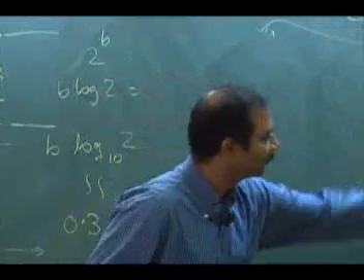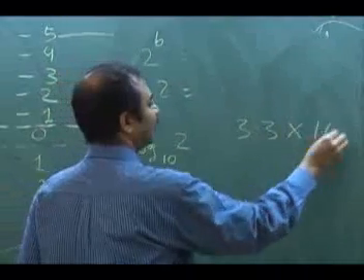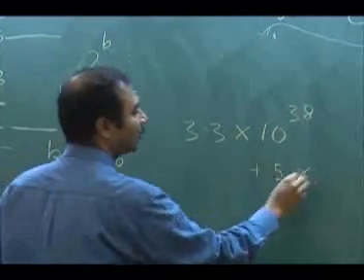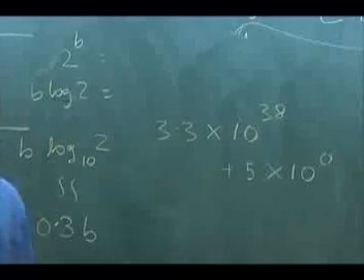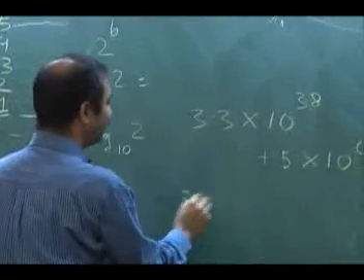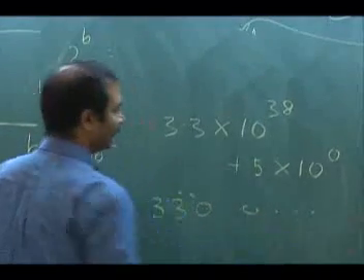So you have 3.3 × 10^38 plus 5 × 10^0, right? The first thing you have to do is line up the exponents. So you do that by saying 3, 3, and then you keep adding how many?